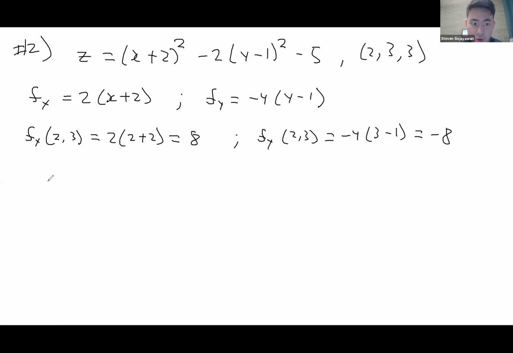So if we compile the whole thing up using the tangent plane equation, I get z minus z naught, which is 3, equal to fx at x naught comma y naught, so 8 multiplied by x minus x naught, which is 2, plus -8 times y minus y naught, which is 3.